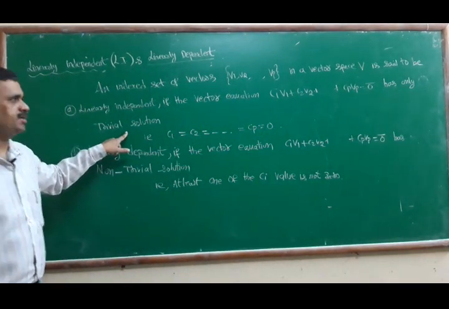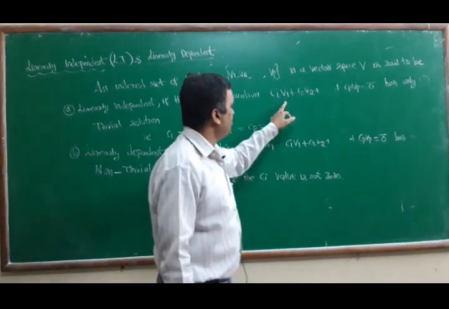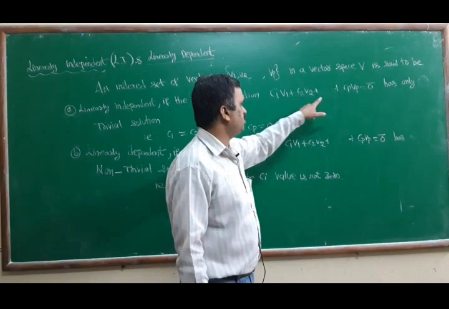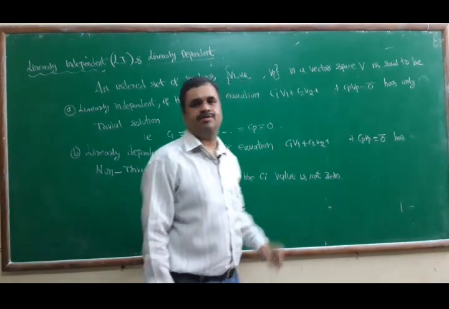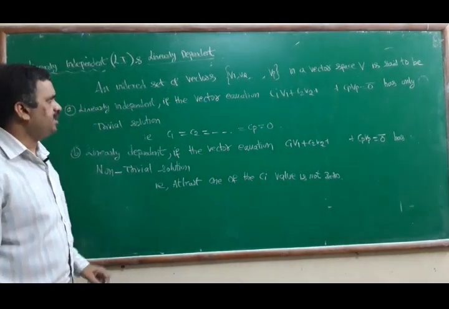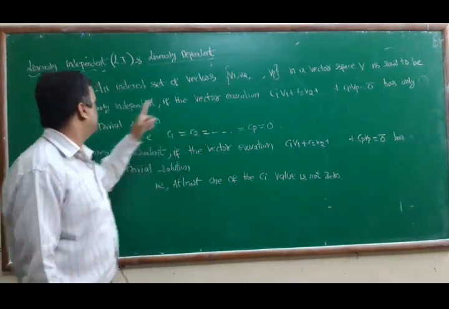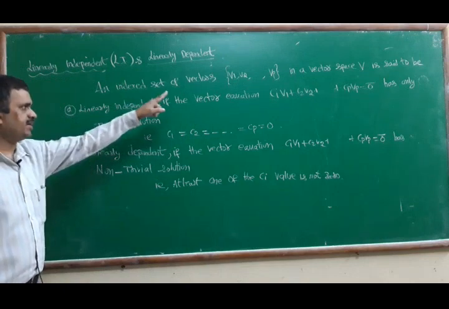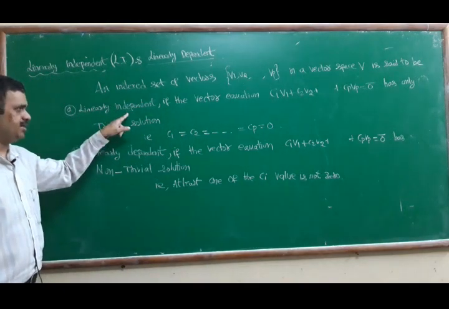Trivial solution means the coefficients c1, c2, and so on cp should all be equal to 0. Then this set of vectors is known as linearly independent.